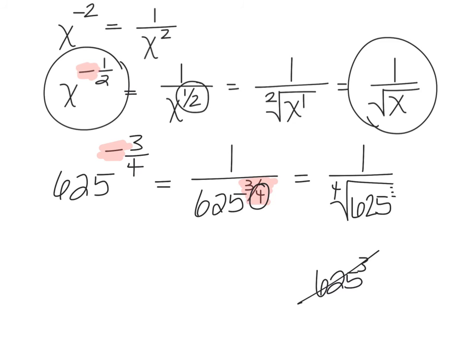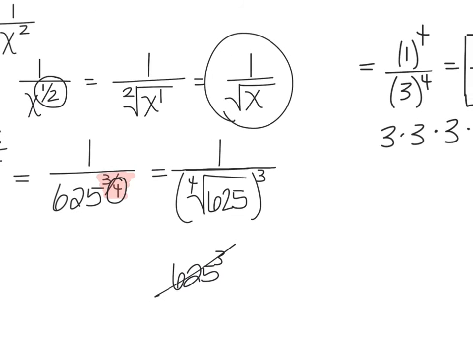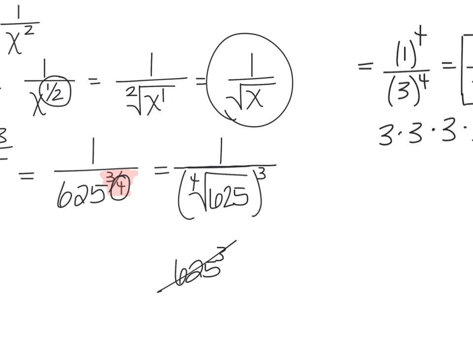So this is where I'm going to choose, rather than putting the exponent of raising it to the third power inside the radical, instead I'm going to put it outside. So I'm going to compute the fourth root of 625 first, and then I will raise the answer to the third power.